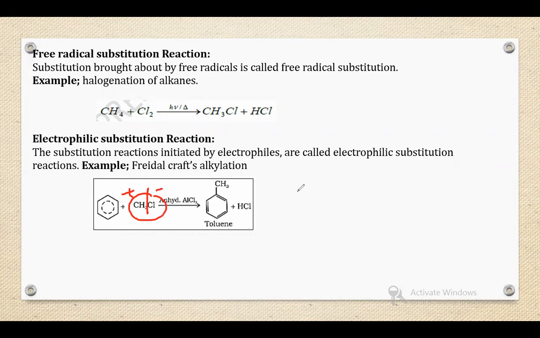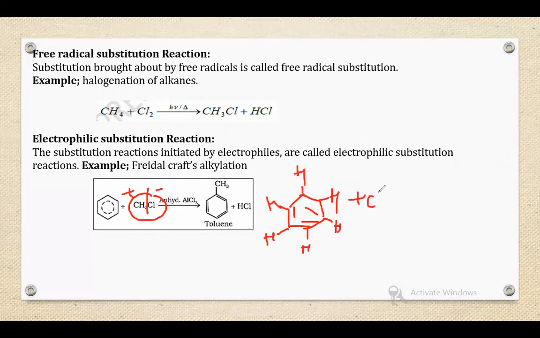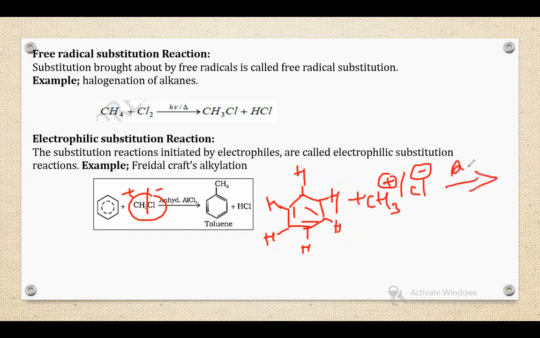Benzene consists of alternate double bonds and has 6 hydrogens, one on each carbon. So this hydrogen is treated with methyl chloride CH3Cl, which dissociates to form CH3 plus and Cl minus in presence of anhydrous AlCl3.